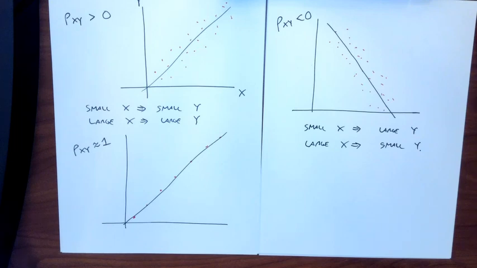You can do studies that show that your income at age 50 or whatever is correlated with how much education you got, positive correlation. If you're a tall parent, you're likely to have a tall child, that kind of thing.